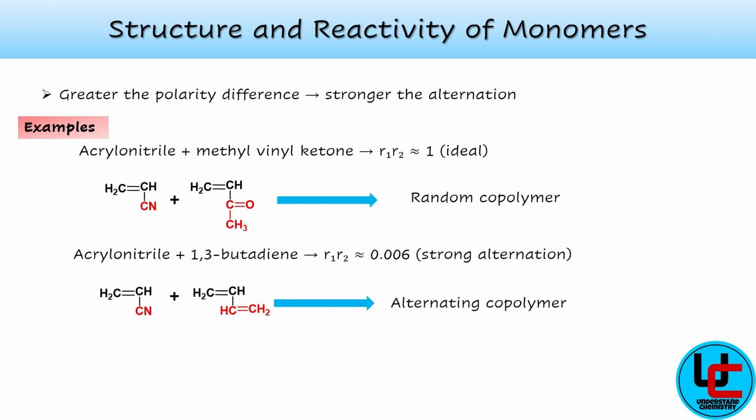Such a low value indicates strong alternating copolymerization, where each radical prefers the opposite monomer. So in summary, small polarity difference leads to random copolymer, while large polarity difference leads to alternating copolymer.